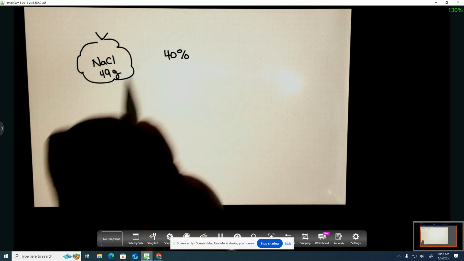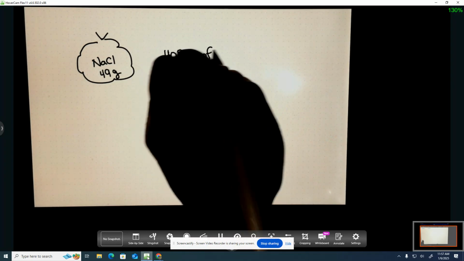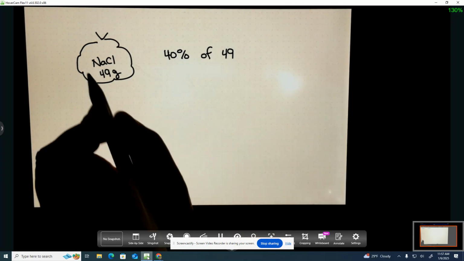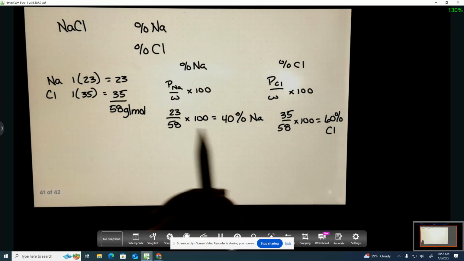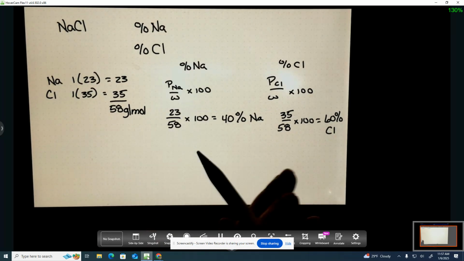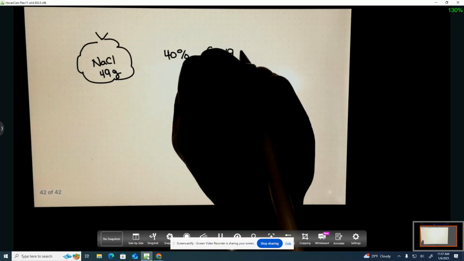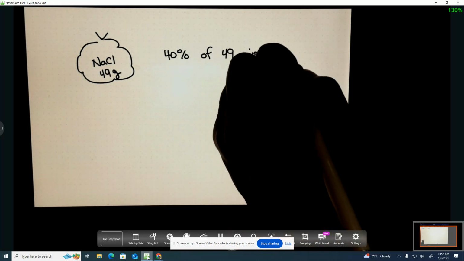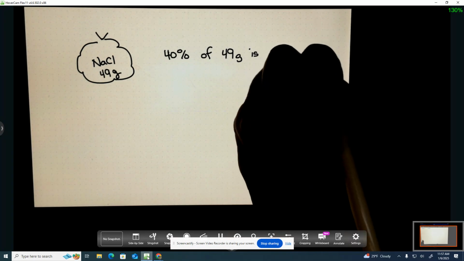Yeah, it was 60. Let me just finish writing it down. 40%, you're right, of 49. This is what you were asking me before. 40% of my salt is sodium, so 40% of 49 grams is 19.6 grams of sodium.